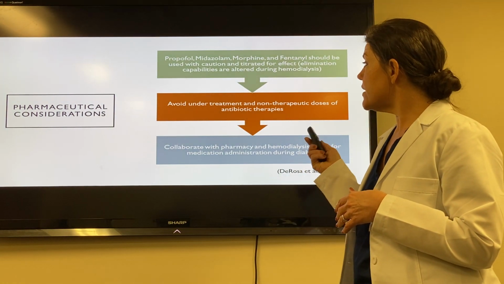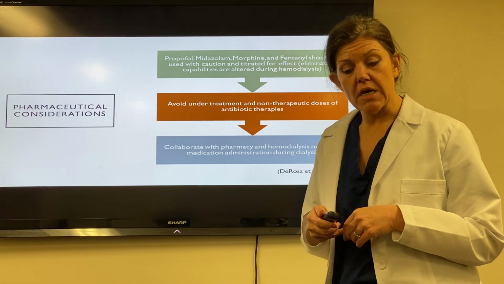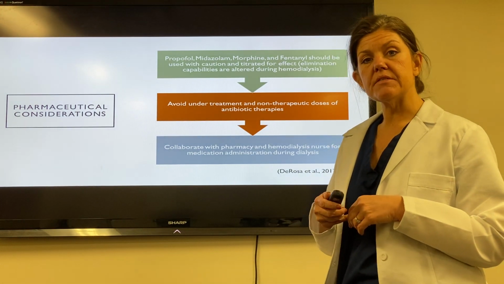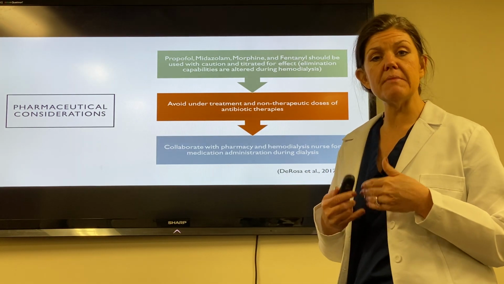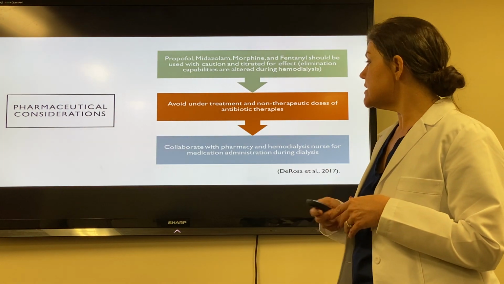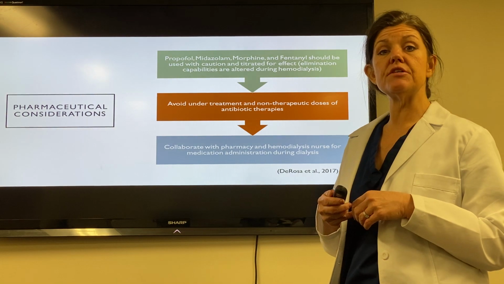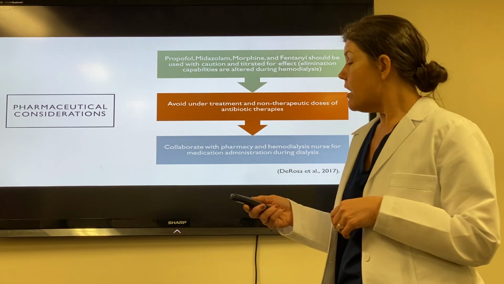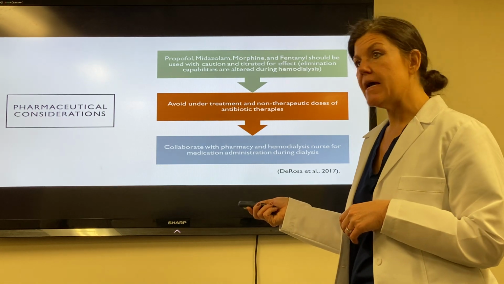We need to also avoid undertreatment and non-therapeutic doses of our antibiotic therapies, which at most facilities the pharmacists are very good at monitoring, but we also need to be aware that those medications may need to be adjusted for this patient population. We also need to collaborate with pharmacy and the hemodialysis nurse about medication administration during dialysis, as these are our resources to know what should and should not be given during dialysis.